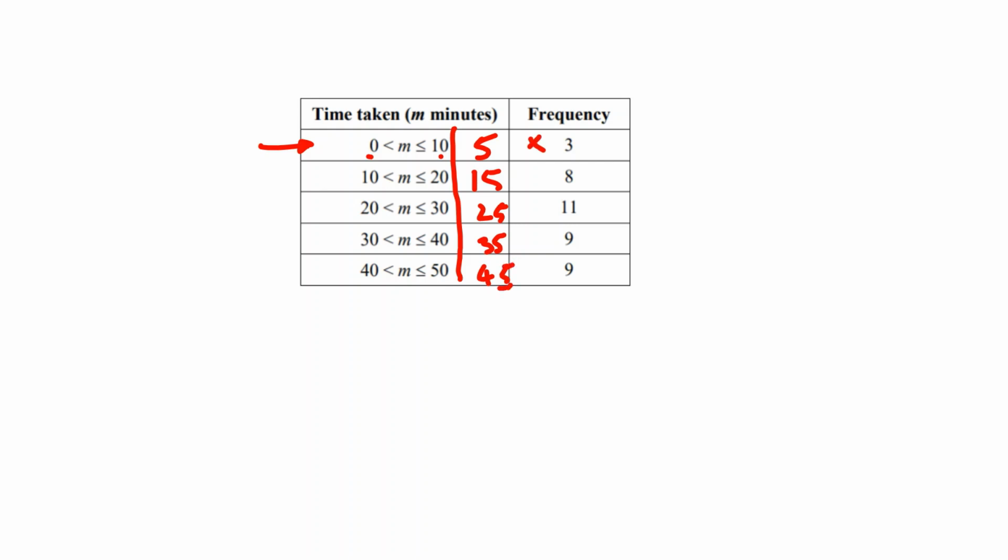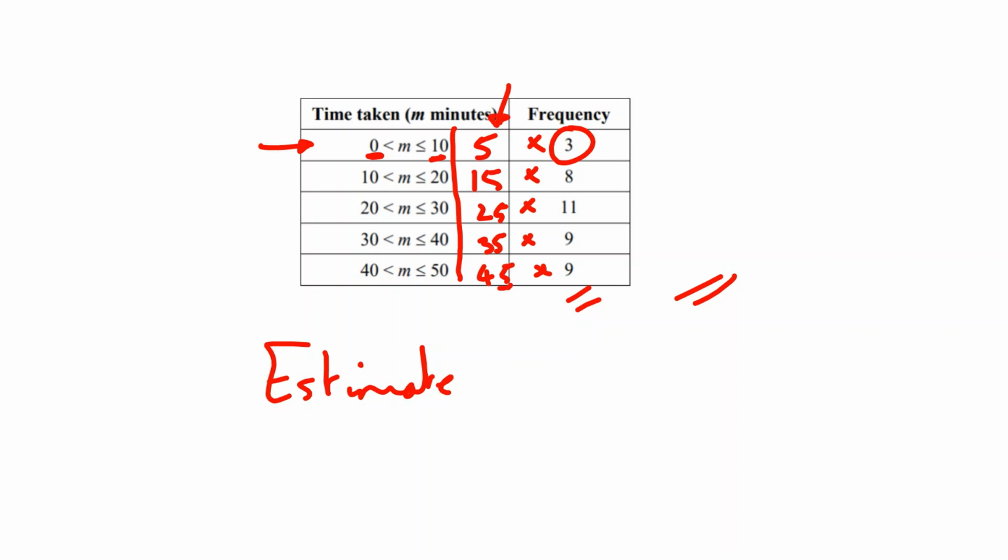So we would multiply across, add up, and do that division. Now we've got to be careful because this is just an estimate. The reason it's just an estimate is because these three values here could be anywhere between 0 and 10. We don't know where they are. We're just making a sensible guess that they're roughly 5.